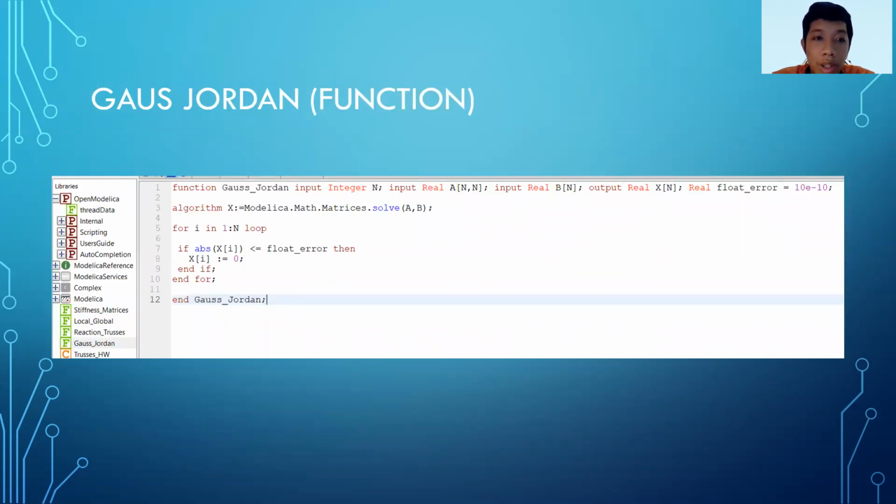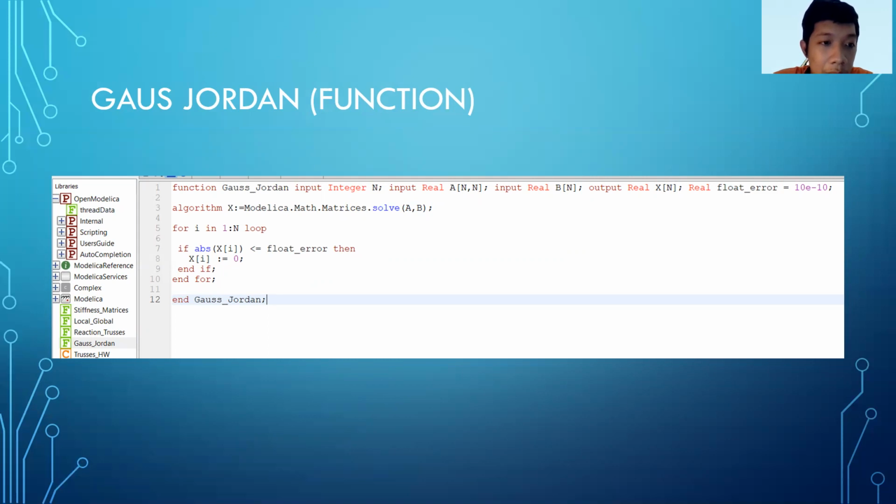We can move to the algorithm. Also, in this, we use the Modelica matrix library to solve A and B. And for E in 1 to n loop, we get the if, we can add if and end Gauss-Jordan. Finish. Don't forget to save it also.